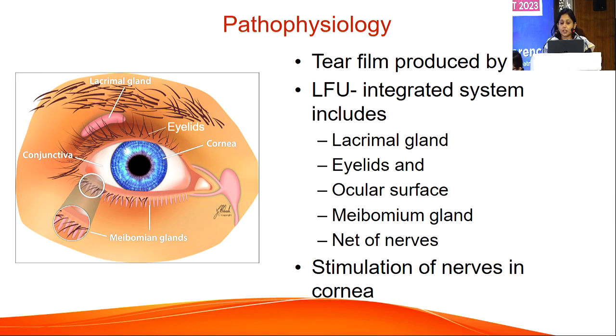Pathophysiology revolves around production of the tear film, which is now considered to be produced by the LFU, the lacrimal functional unit. It is a tightly linked integrated system consisting of the lacrimal gland, eyelids, ocular surface, meibomian gland, and a net of nerves. Any disease or factor affecting any of these units leads to loss of homeostasis of the tear film.